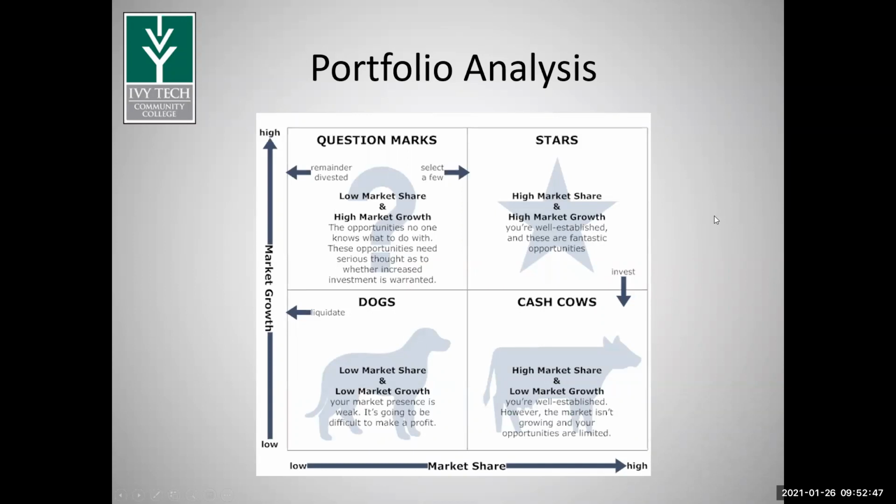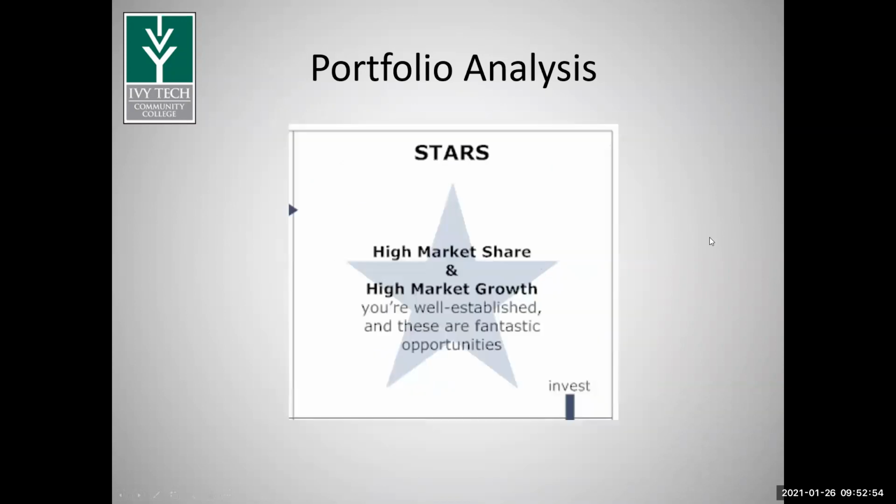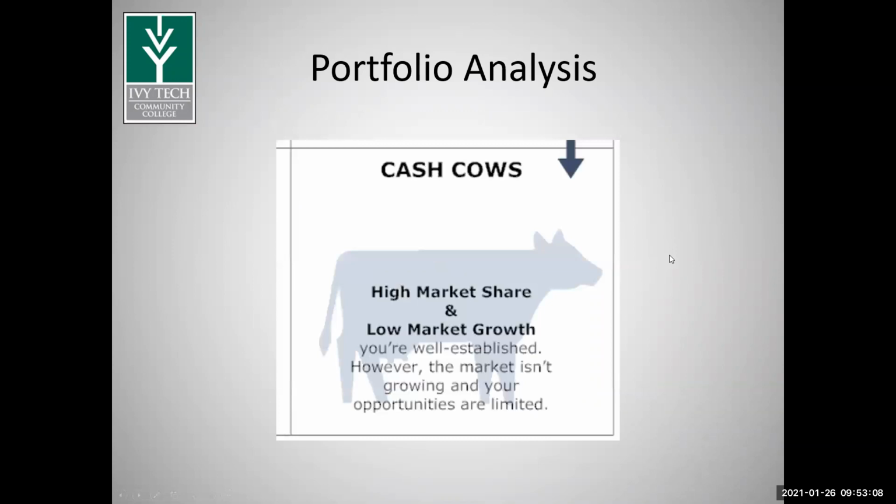Okay, so a little bit more depth on here, and I can zoom in on these in the next few. So let's look at them. Stars, that's that high market share, high market growth. You're well established, and these are great opportunities. You're established, you're profitable, you're leading the market. You don't have to do anything except keep investing and growing there.